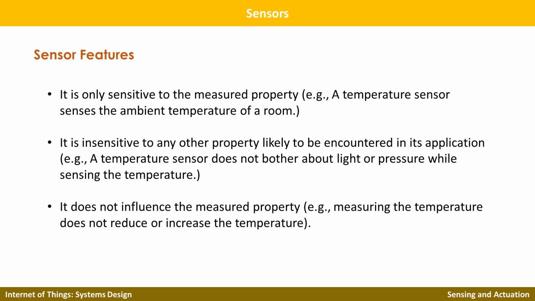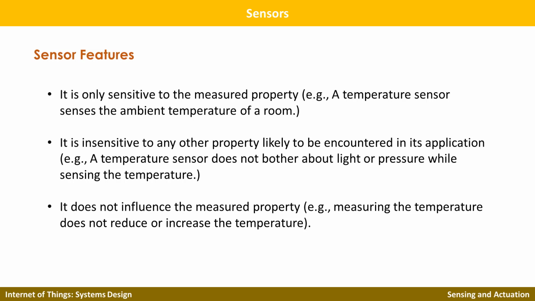Sensors are typically sensitive to only one property that they are supposed to measure. For example, a temperature sensor is only sensitive to the ambient temperature of a room, so it measures the temperature. It responds to changes of the temperature. It is insensitive to any other property likely to be encountered in its application.